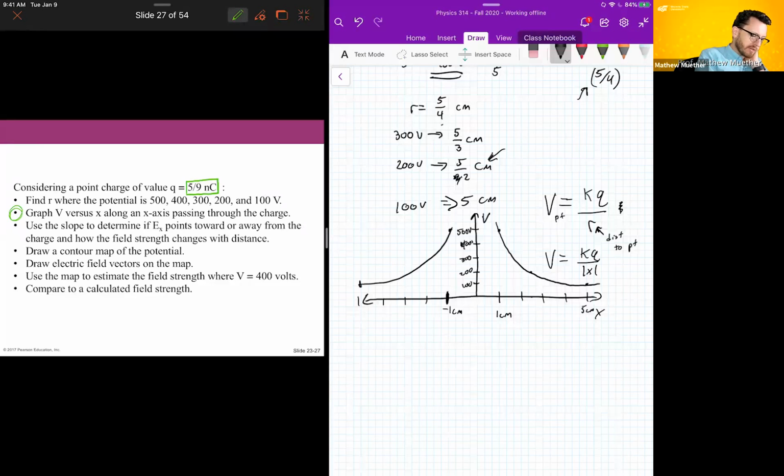What about the electric field? Can we use the slope of this plot to determine how the electric field in X points and how the strength is changing? Well, we sure can. We know that the electric field in the X direction is going to be minus dV/dx. And so we just have to look at the slope. So I can see that over here on the positive X values, the slope everywhere is negative.